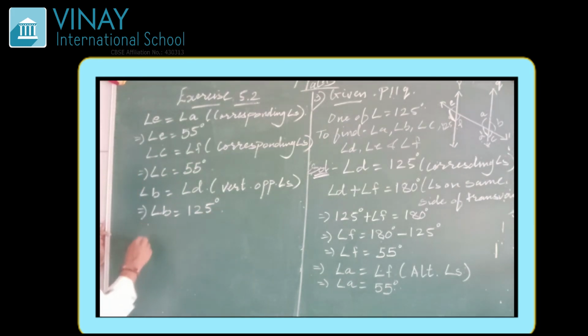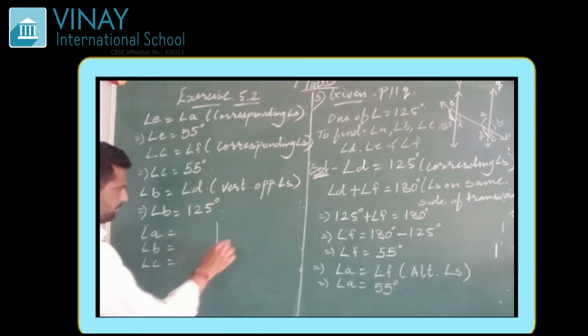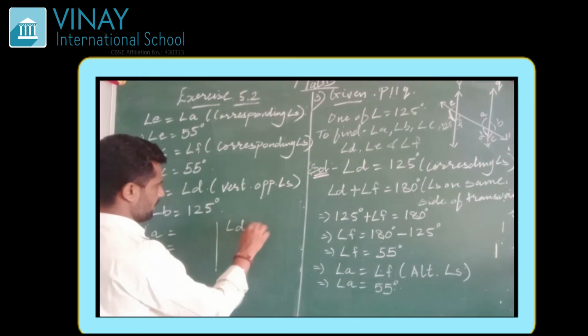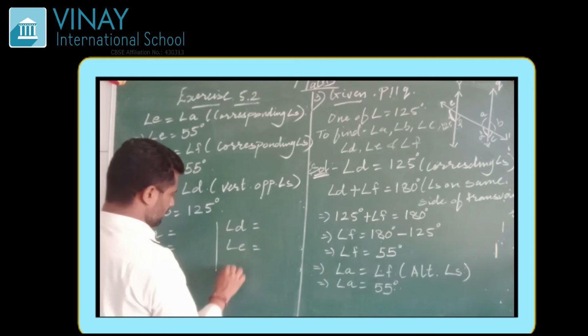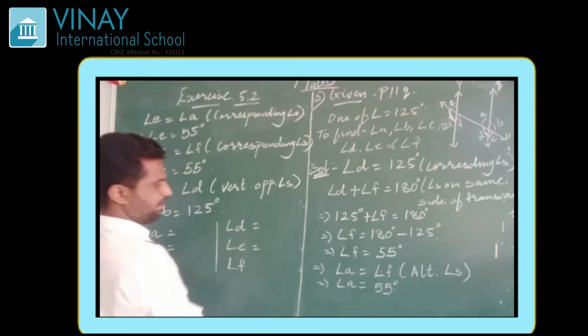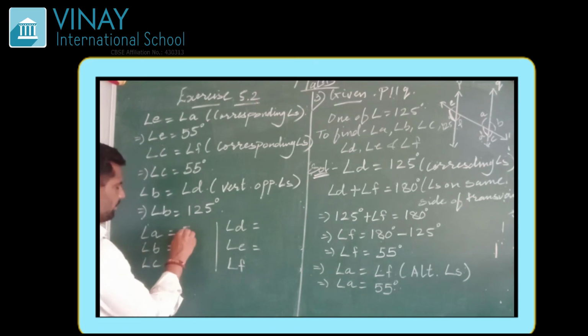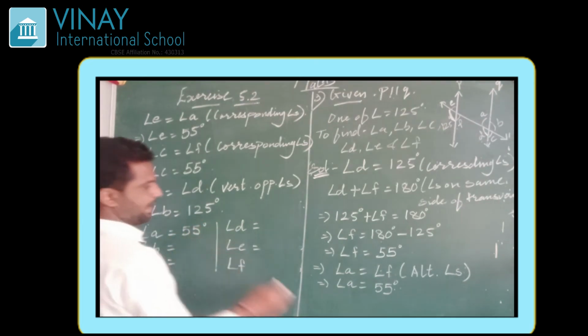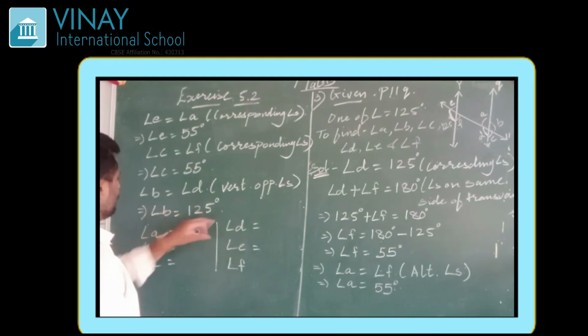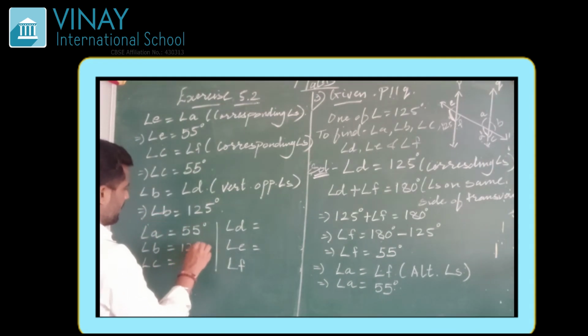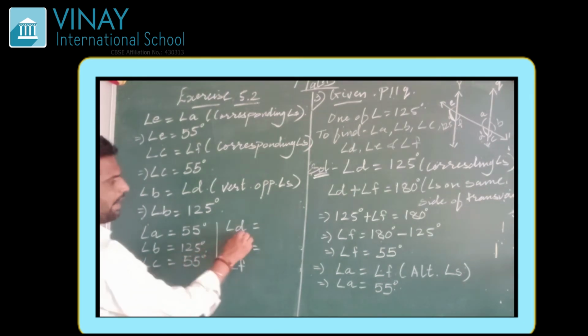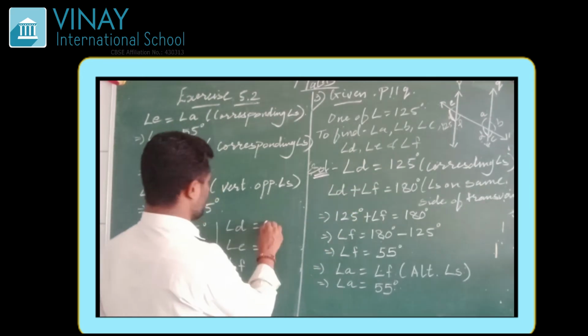Let us begin with angle A. Angle A we got 55 degrees. Angle B we got 125 degrees. Angle C we got 55 degrees. Angle D we got 125 degrees.